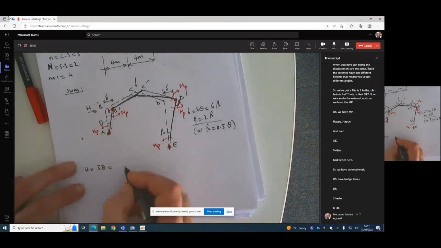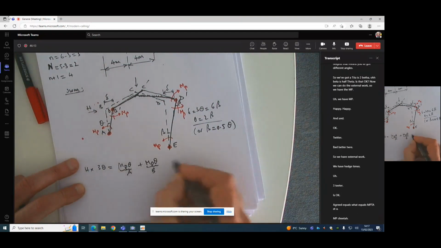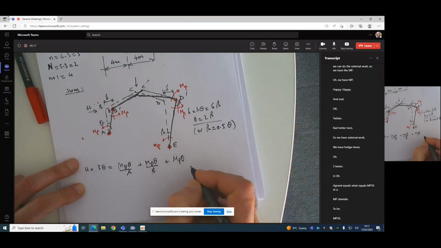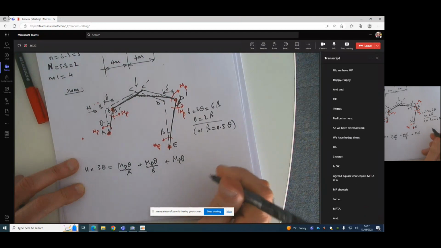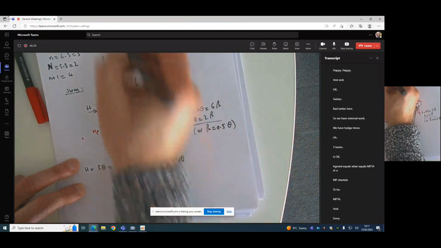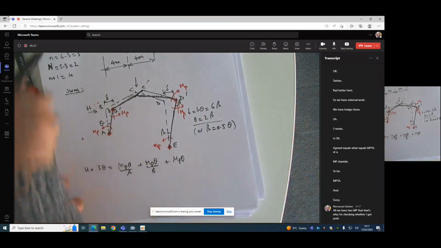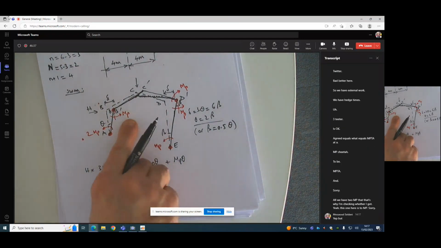Agreed? Equals what? Equals MP theta at A, MP theta at B, MP theta and, sorry? Oh, we have 2 MP. That's why I'm checking. Yeah, this one here is 2 MP. Sorry. Yeah, but at the top, it's MP.